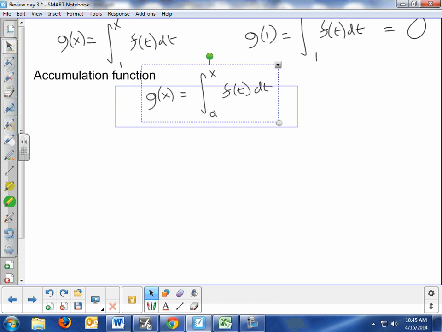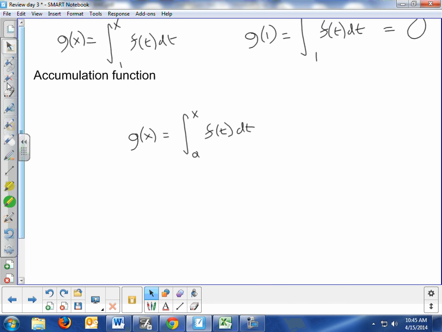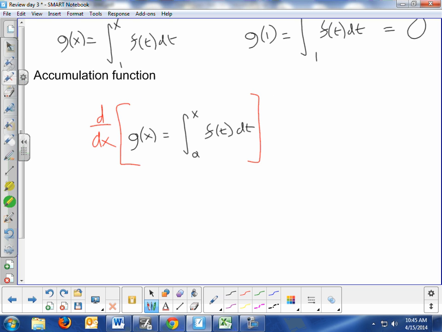Is that when I took the derivative of this with respect to x, I got that g prime of x was equal to, what did this turn out to be? I took the derivative of this, just f using x's.